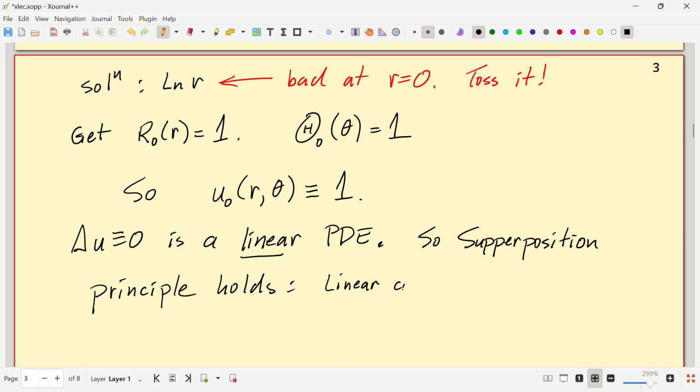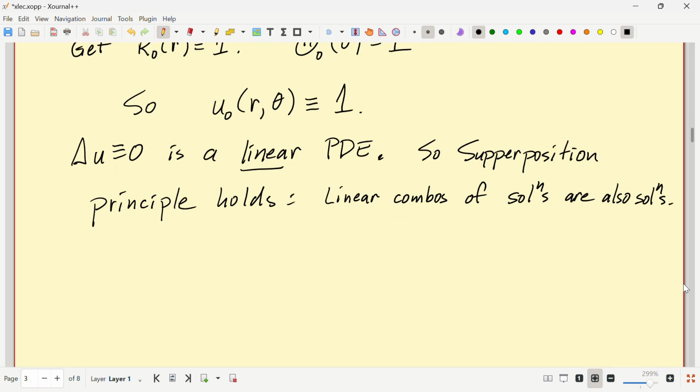Linear combos of solutions are also solutions. Okay, so we get gobs of solutions. Of course, linear combinations are finite linear combinations.